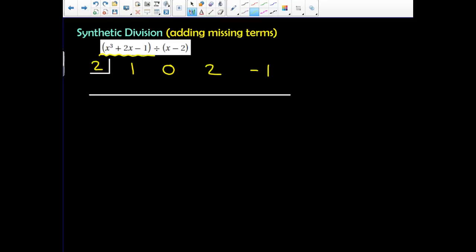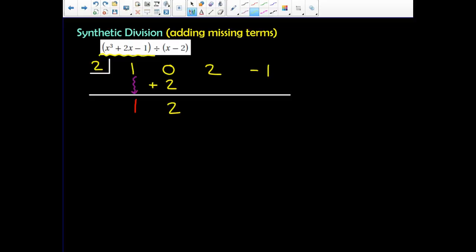The process is the same. Here's how it goes. Take the first term and bring it right down here and copy it down. That always starts off as your first term. Now we're going to take 2 times 1, write that right here, and add these together. 0 plus 2 is 2.